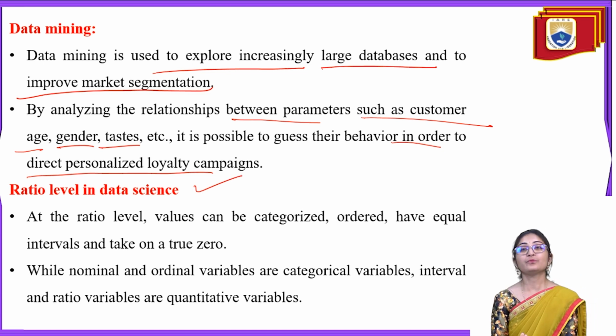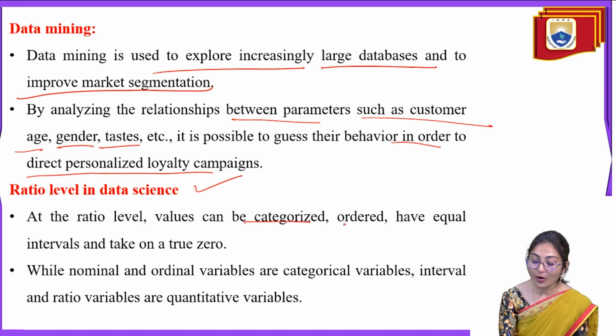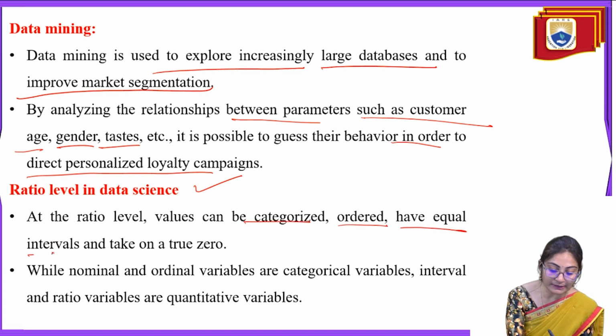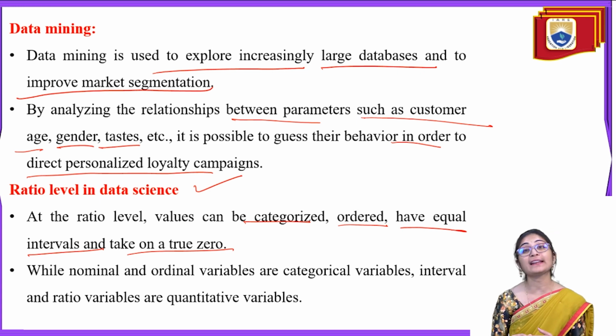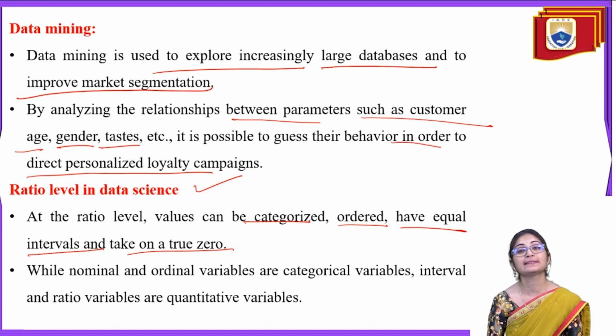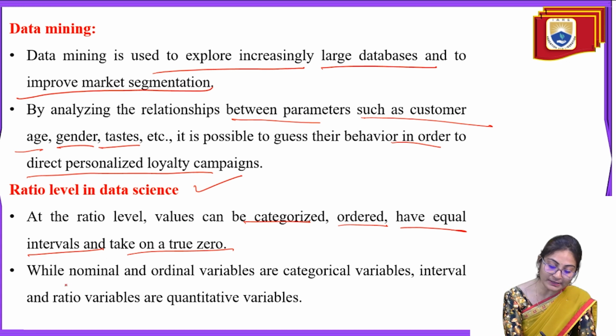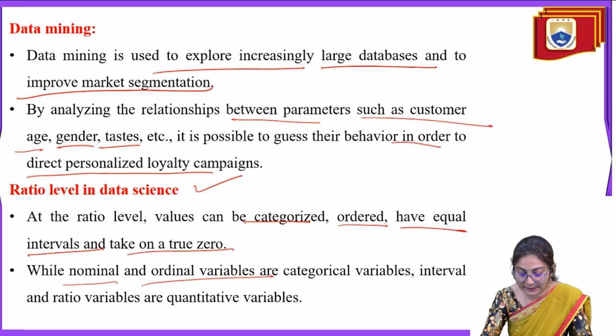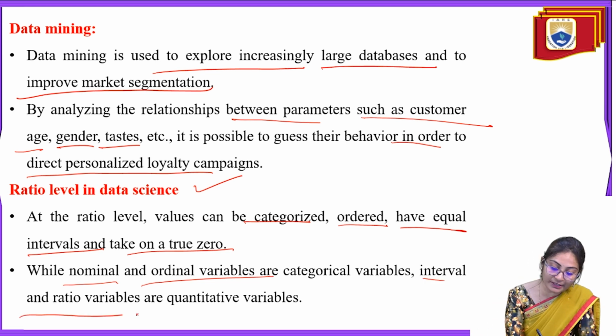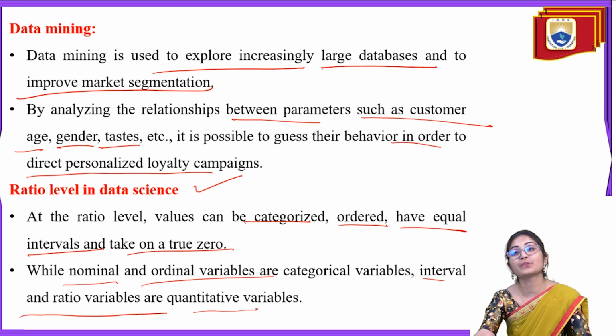Now next one is the ratio level in data science. At the ratio level, values can be categorized, ordered, have equal intervals and take on a true zero. While nominal and ordinal variables are categorical variables, interval and ratio variables are quantitative variables.